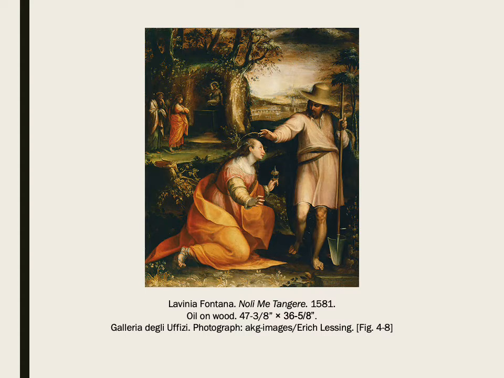Here you see in the background, on the left side and right side we don't have the same elements, but the artist uses colors, empty places, and light. You see this light on the top part of Jesus's head.